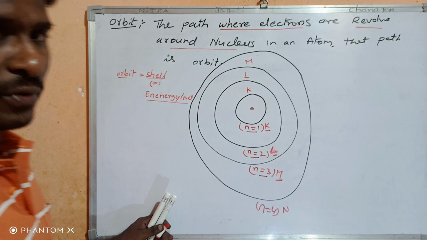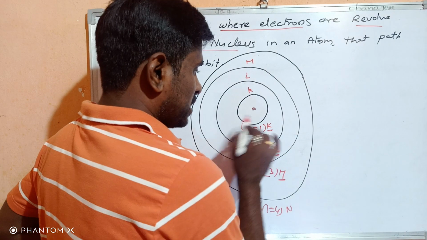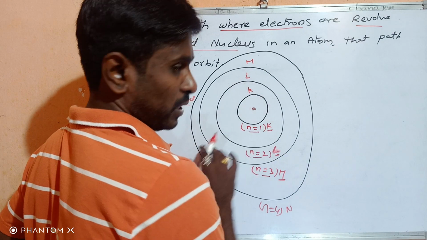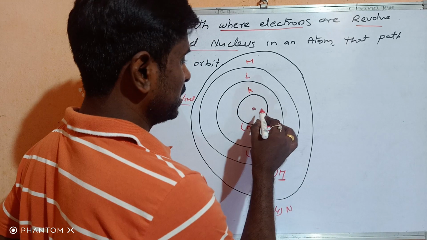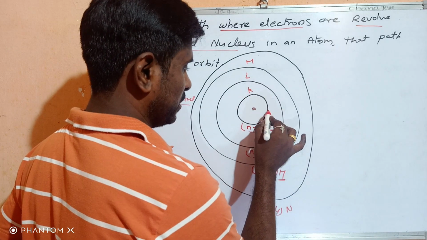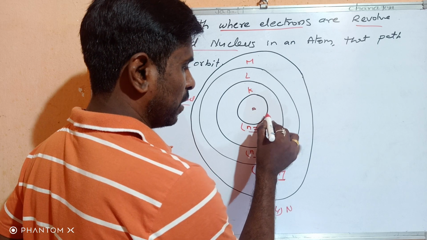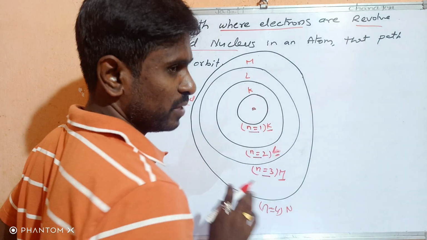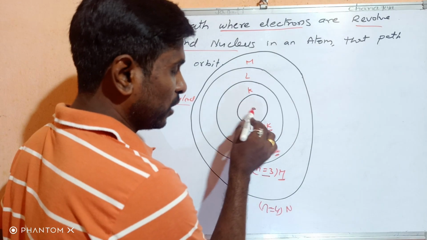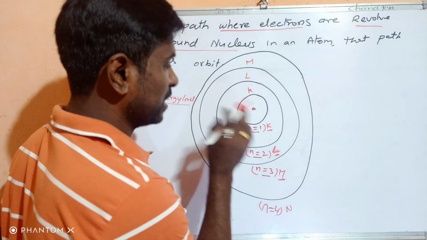Listen friends, the shell which is near to the nucleus has lower energy. Lower energy means it has the least energy.